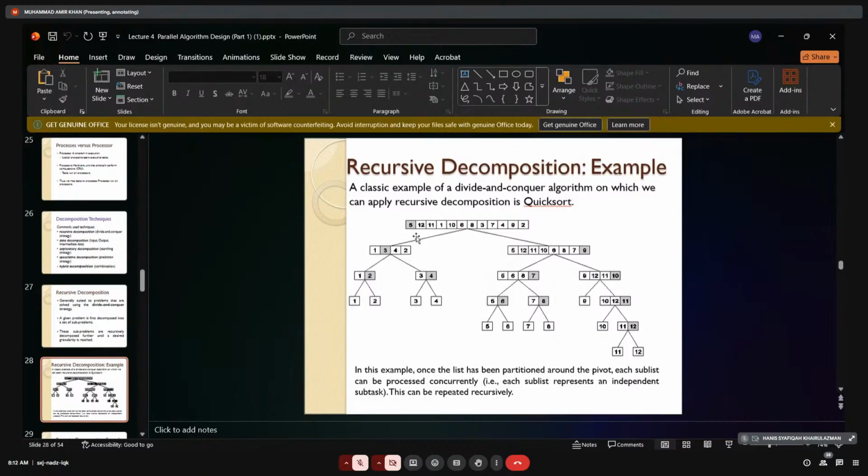So left we choose less than 5. 5 is the pivot value. So 1, 3, 4, 2. And right we include 5, 12, 11, 10, 6, 8, 7, 9. Meaning 5 and greater. Understand?